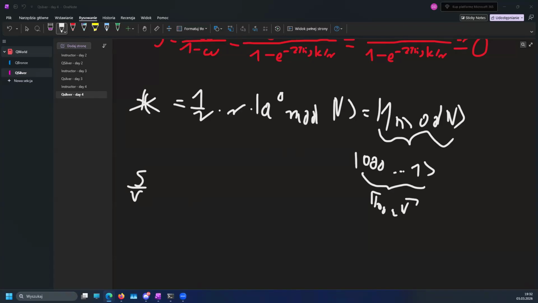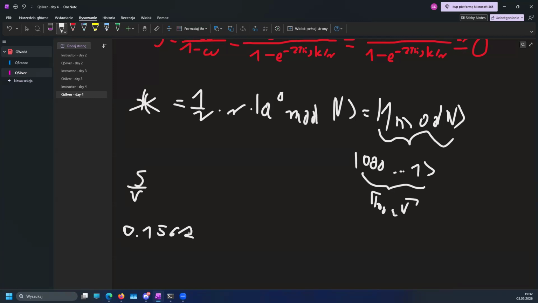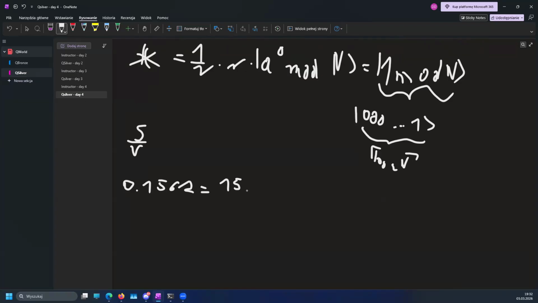Okay, so now let's suppose that from measurements, we measured our result at the end, and our result expressed in a decimal form is equal to this thing. But now, how to get R from such a fraction?